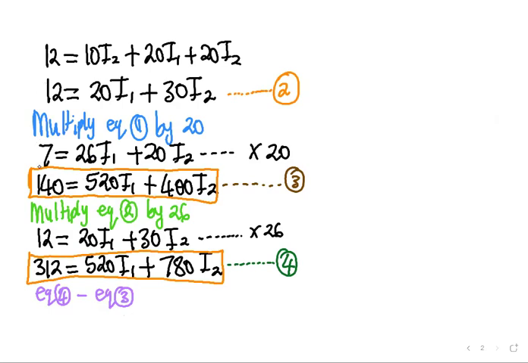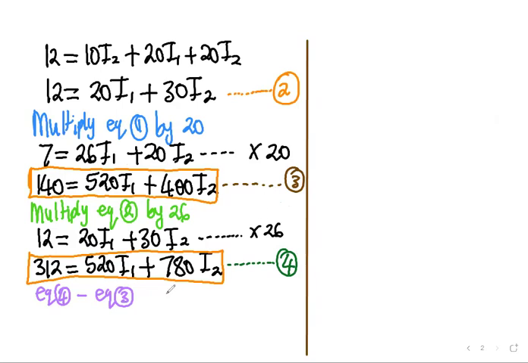Now let's try to do the subtraction here aside. So with that being said, now at least you know which equation we are subtracting, right? Since we are saying equation number 4, the bottom orange one, subtracting equation number 3, the top orange one, it will be 312 minus 140.